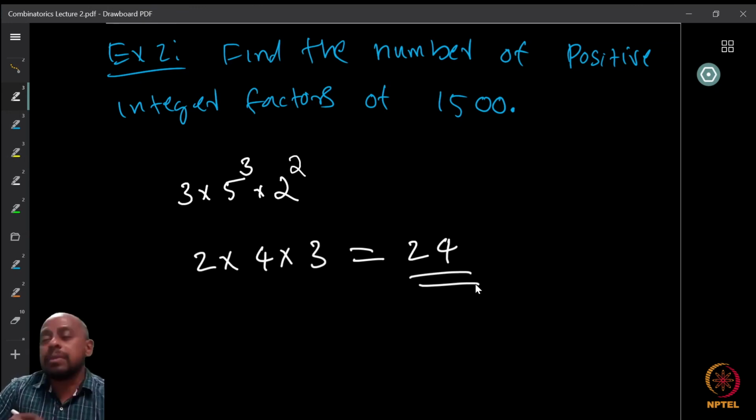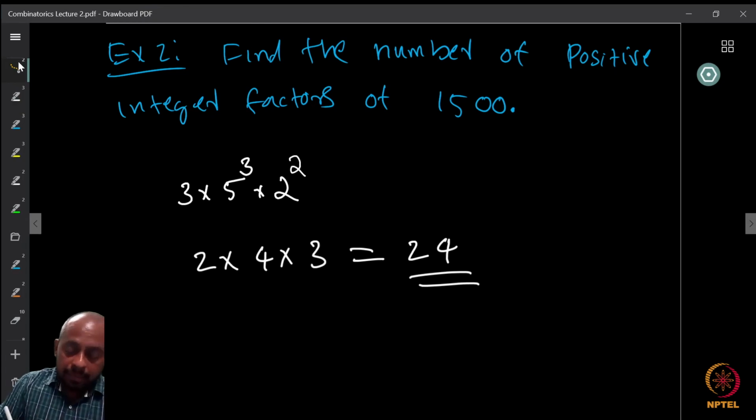So here again we use the product rule, right, because the choices were independent, right? My choosing 3 to be one of the factors or not is independent of my second choice, how many 5s I am going to take, or how many 2s I am going to take. So therefore I can use this. So I get the answer 24.